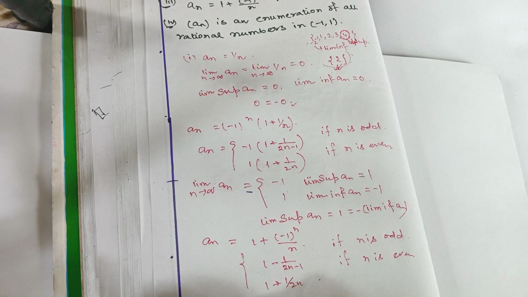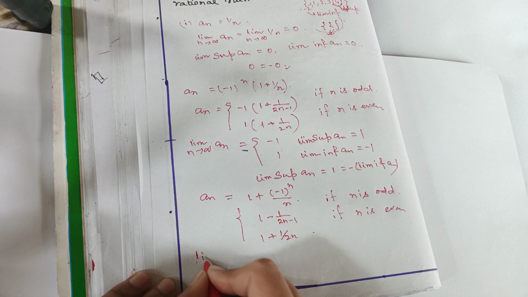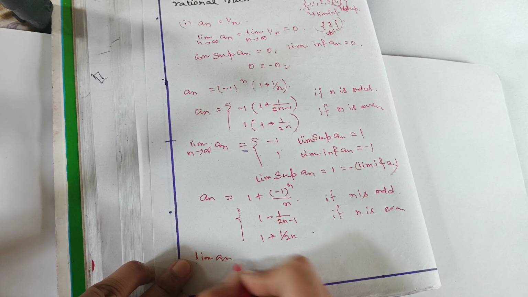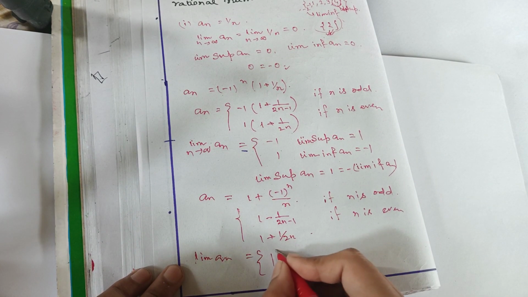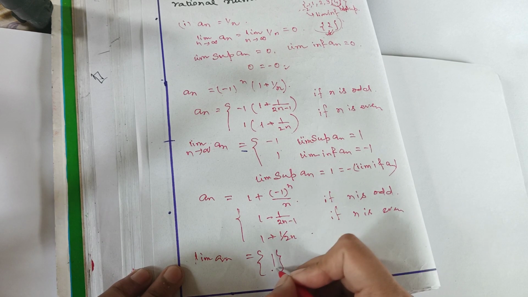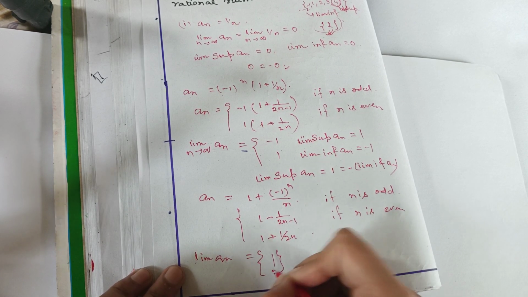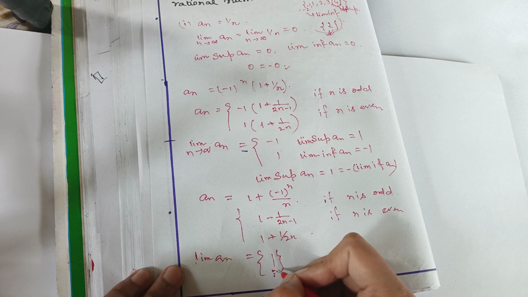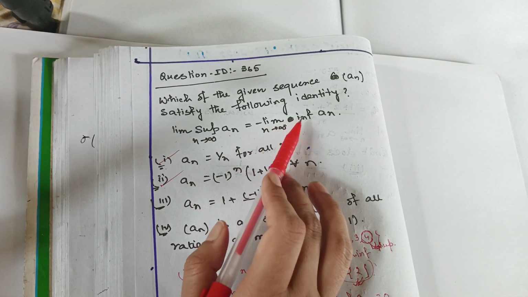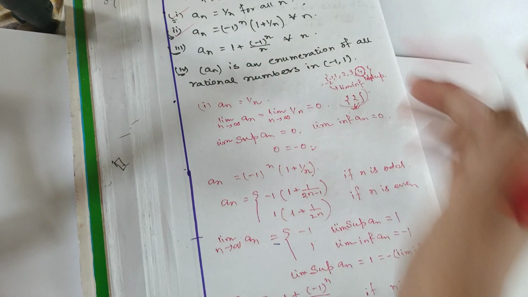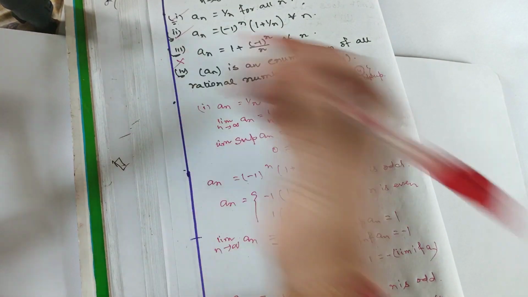Taking the limit of a_n, we get 1 for both even and odd terms. So here there is a single value, which is both the limit supremum and the limit infimum. So we cannot write limit supremum of a_n equals minus limit infimum, which is not possible. So the third option is discarded.